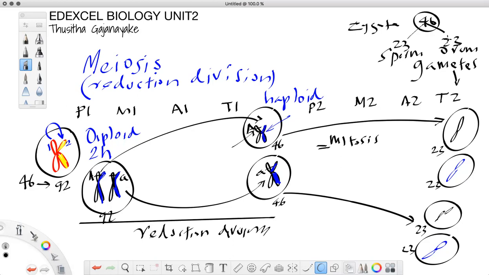Another important thing, that is the most important thing, we're going to look at prophase 1 and metaphase 1. There are two important events that take place, and these two events are very important to form the variations.